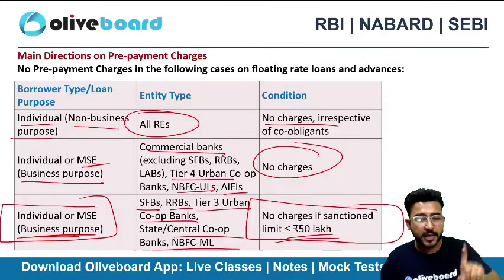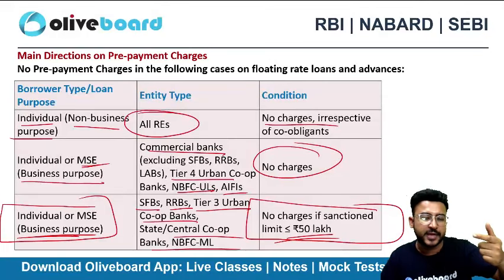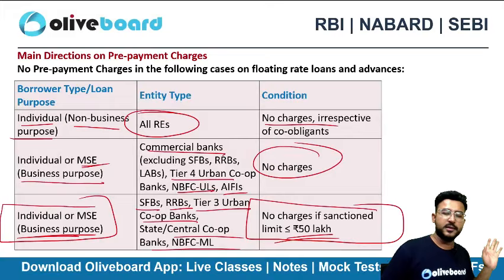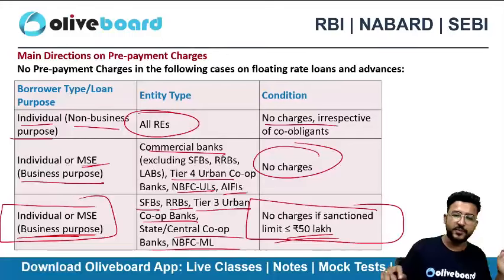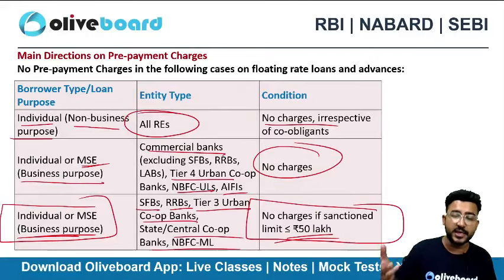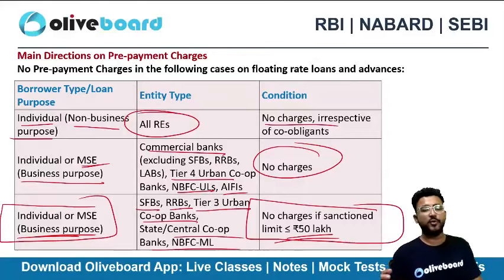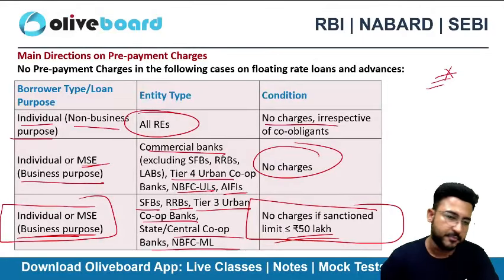But if it is more than 50 lakh, then charges will be there. Then the small finance bank, RRB, Tier 3 UCB, NBFC middle layer may charge you if the loan exceeds 50 lakh. So this table can be important for your exam.